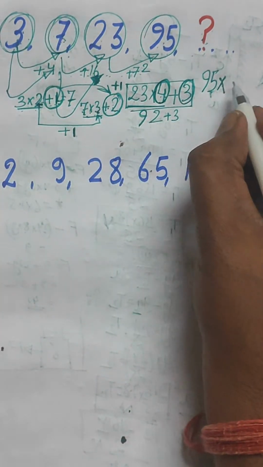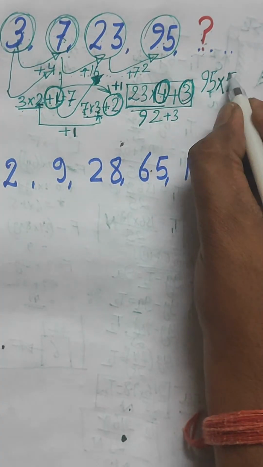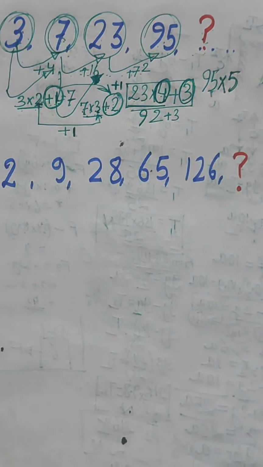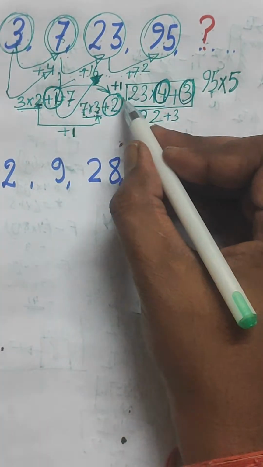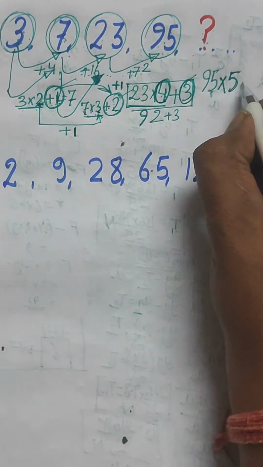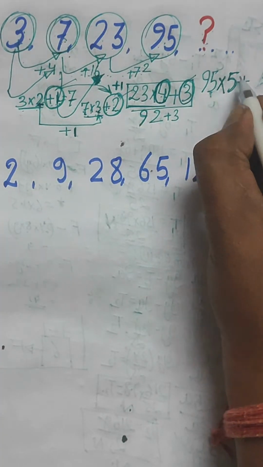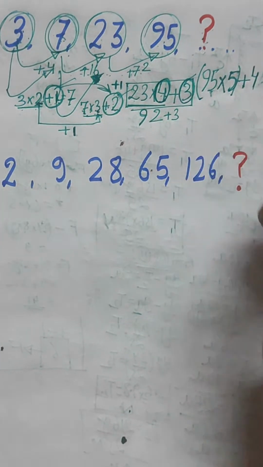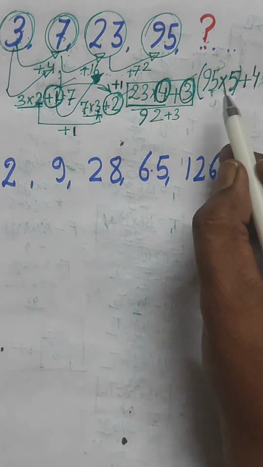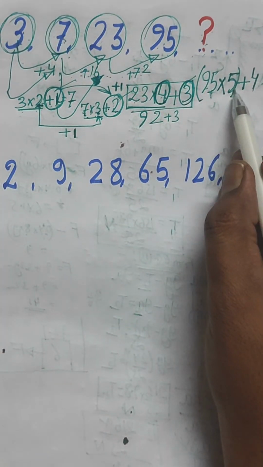And the added numbers were 1, 2, 3, so this time the successive number, 4, will be added.